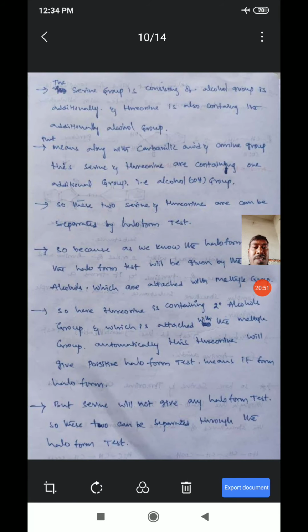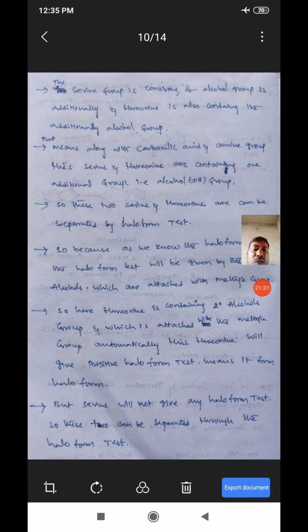Serine contains one additional alcohol group in its structure, along with the carboxylic acid group and amine group, and threonine also contains the additional alcohol group.